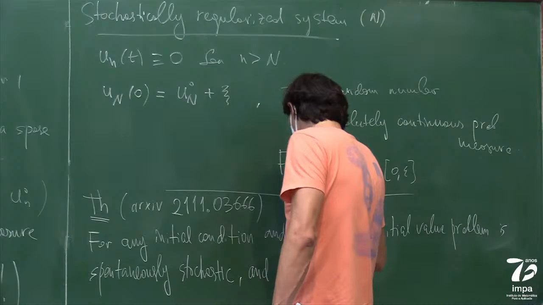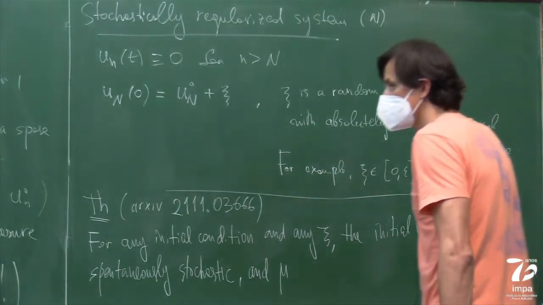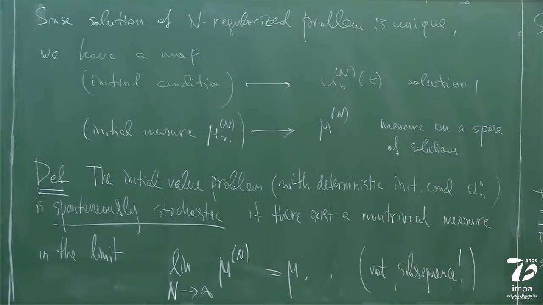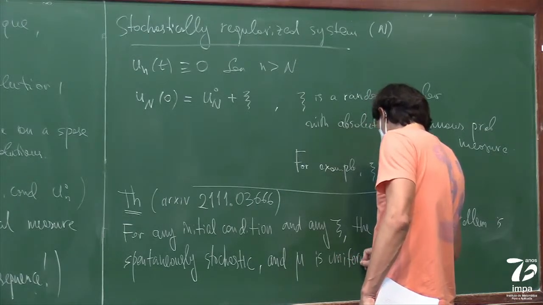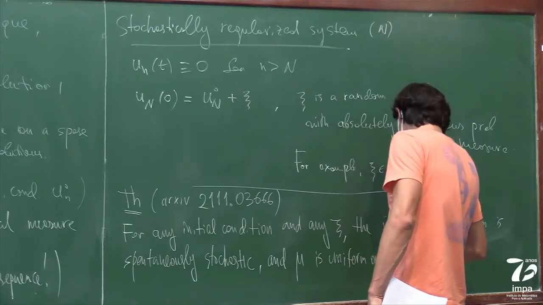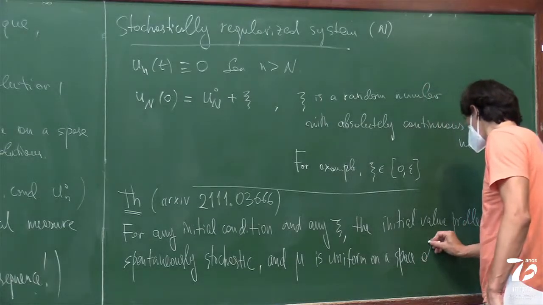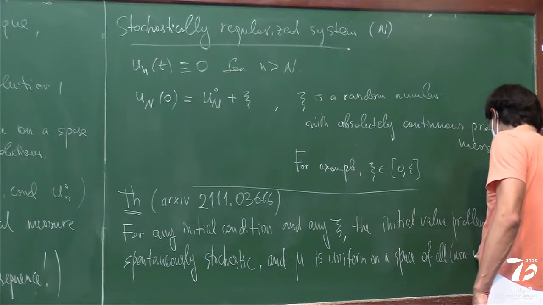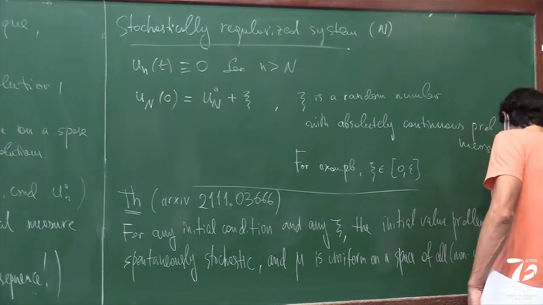And mu, the measure that we obtain, is uniform on the space of all, remembering the non-unique, right, solutions.